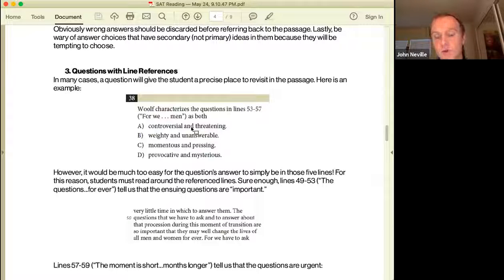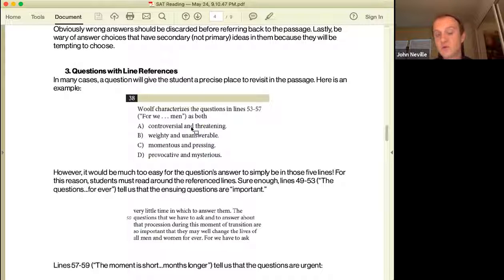The important thing to remember here is that the answer to a question with a line reference in it will almost never be in the lines that it references. That would be way too easy. This test is for 17 and 18-year-olds, right? Maybe some 16-year-olds.